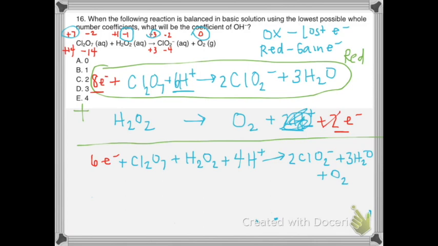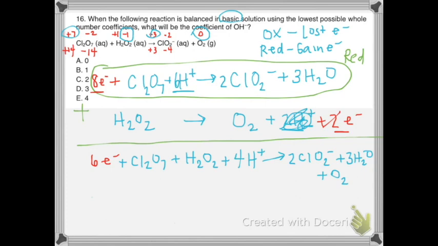So, if we were balancing everything in acidic conditions, we'd be done. But the problem asks us to solve in basic conditions. So what we're going to do is go through and add hydroxide to neutralize any protons.